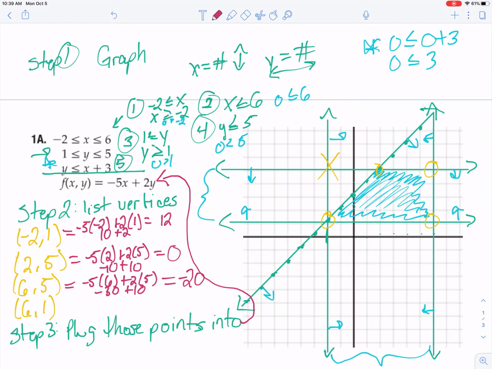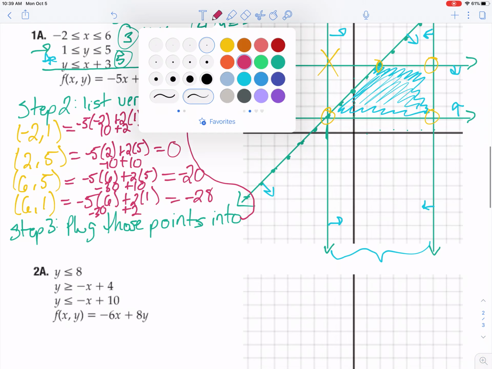And last but not least is -5 times 6 plus 2 times 1, -30 plus 2, which is -28. Whew! Feeling exhausted yet?